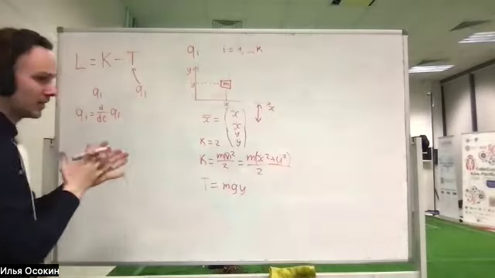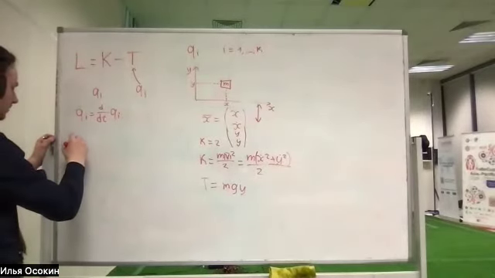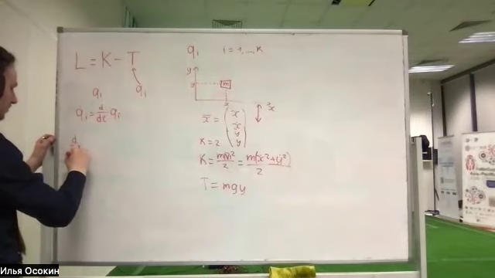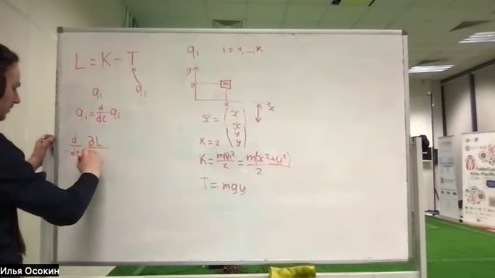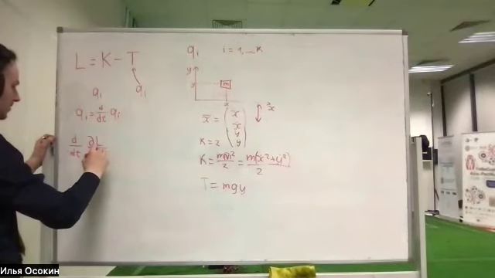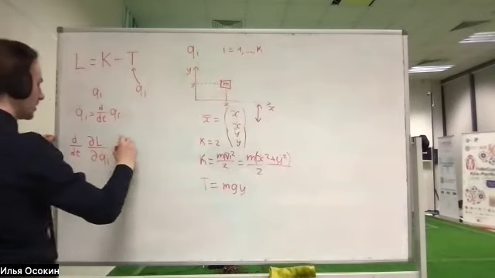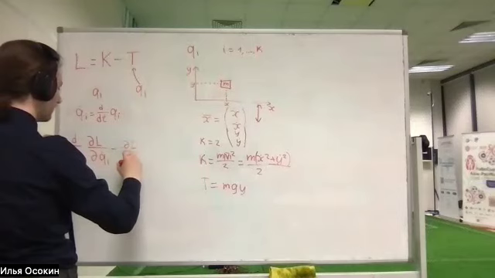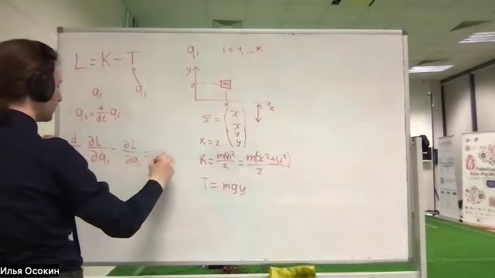The form in which we are going to obtain that is the following: d by dt of the partial derivative of the Lagrangian by the derivative of the generalized coordinate q sub i, minus partial L partial q sub i, is equal to 0.